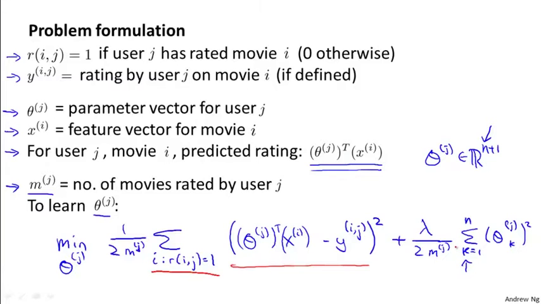For recommender systems, I'm going to change this notation a little bit. To simplify the subsequent math, I'm actually going to get rid of this term m j. That's just a constant, right? So I can delete it without changing the value of theta j that I get out of this optimization. If you imagine taking this whole expression and multiplying it by m j, and getting rid of that constant, when I minimize this, I should still get the same value of theta j as before.